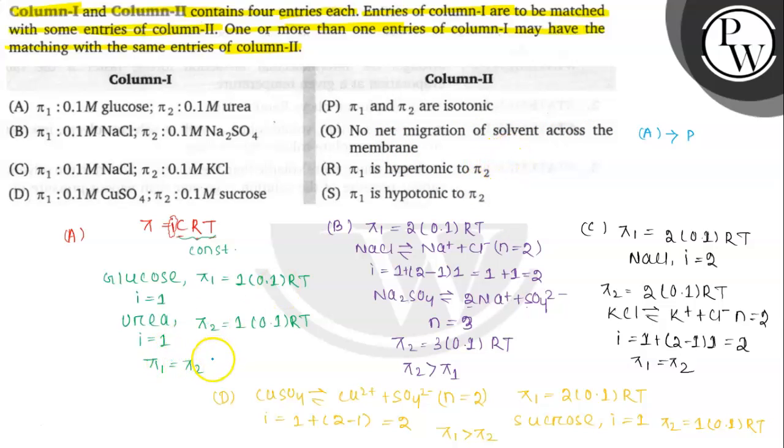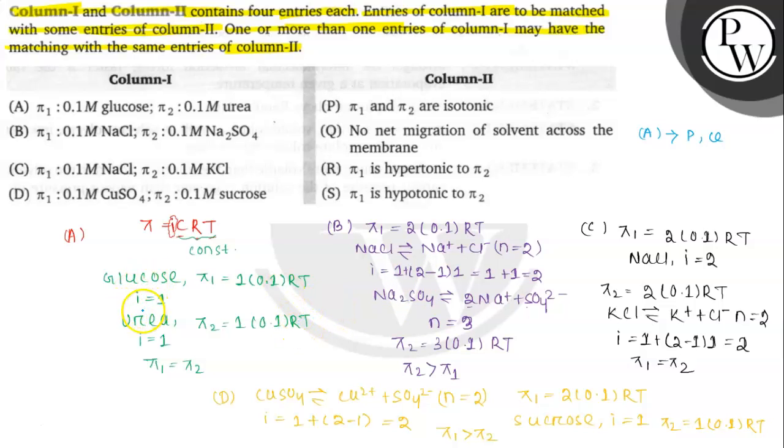So A is also matched with Q. Pi 1 is hypertonic to pi 2, it is incorrect. Pi 1 is hypotonic to pi 2, it is also incorrect in case of A because they are equal, or isotonic.